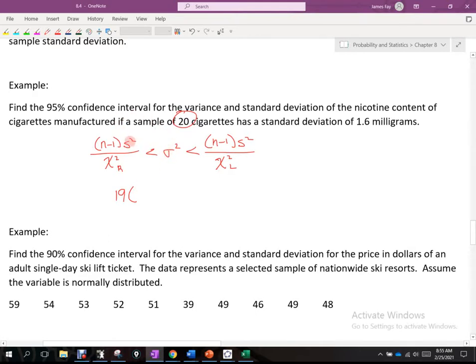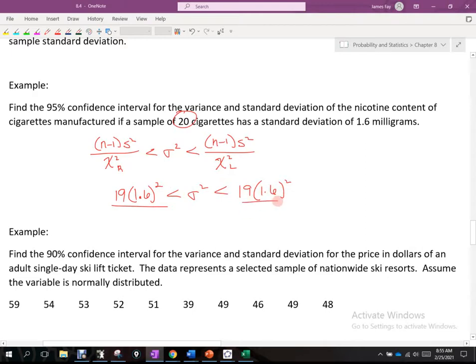So then the best point estimate for that is the standard deviation of the sample, right? So that's S squared. So that's going to be 1.6 in this case. 1.6, square that. Less than sigma squared. Less than, so it'd be 19 times 1.6 squared again.